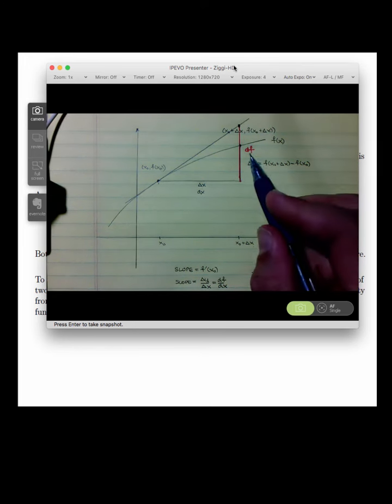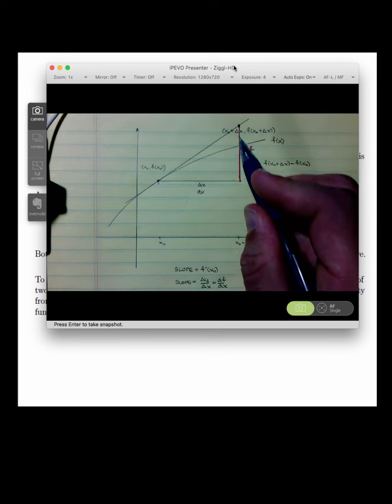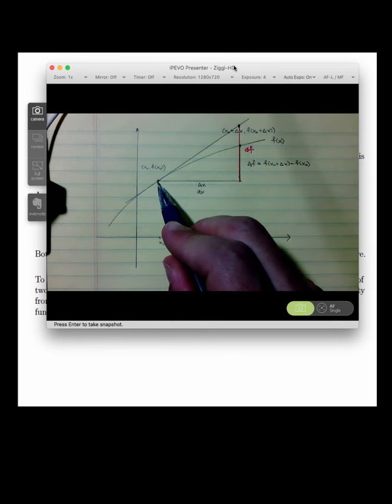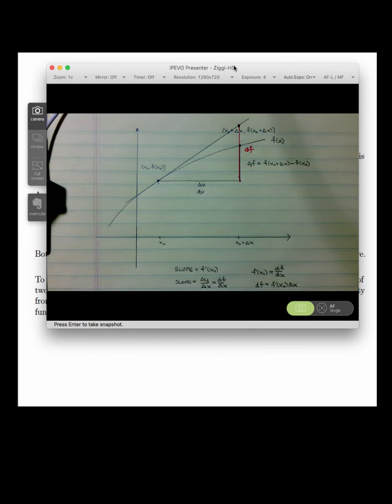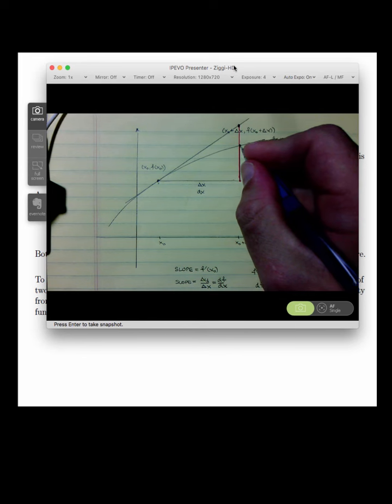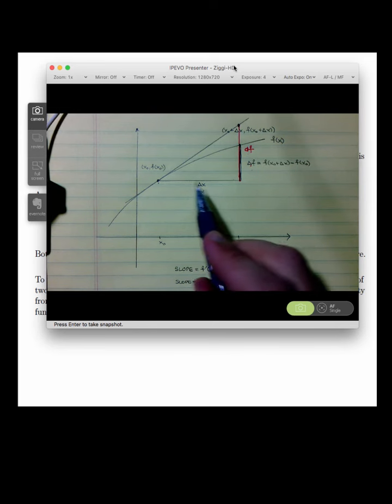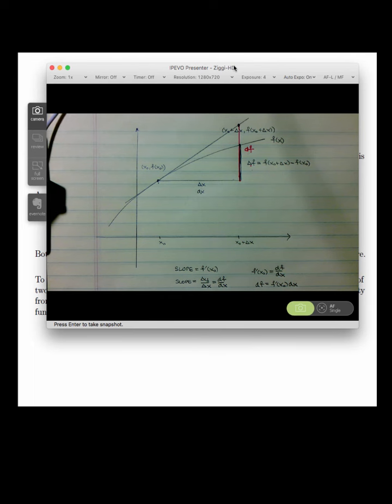Now note again that df and delta f are different. df represents this vertical distance shown in red, the vertical distance between these 2 points on the tangent line, whereas delta f refers to this vertical distance shown here, which is the vertical distance between these 2 points on the curve.